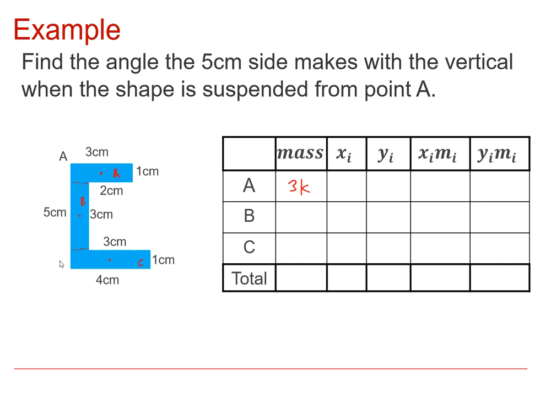The x coordinate, well, let's stick to our convention of using the bottom left as the origin. Then the x coordinate of A is halfway along. It's 3 centimetres long, so that's 1.5. The y coordinate will be 0.5 from the base of this rectangle and then we have to add that on to a 3 and a 1, so that's 4.5.